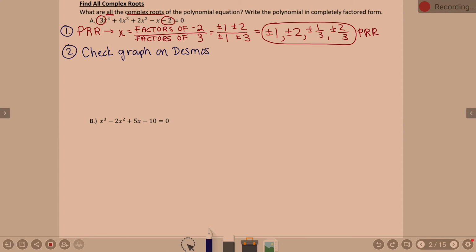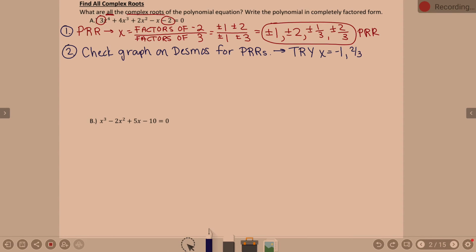So check the graph on Desmos for PRRs. In this case, the values we spotted that we're going to try are x equals -1 and positive 2/3, right? I got that by looking at my graph.